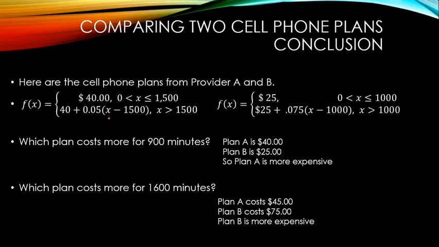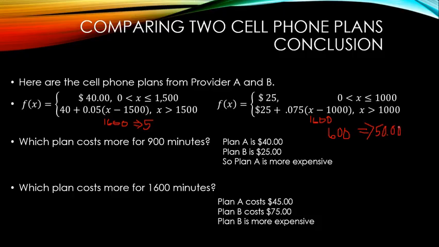Because if we put in 1,600 minutes here, 1,600 minus 1,500 is only 100 times 0.05, so that would give you just $5 to add to the 40. However, if I put in 1,600 here, then what I get is 600 times 0.075, which is going to give me $45.